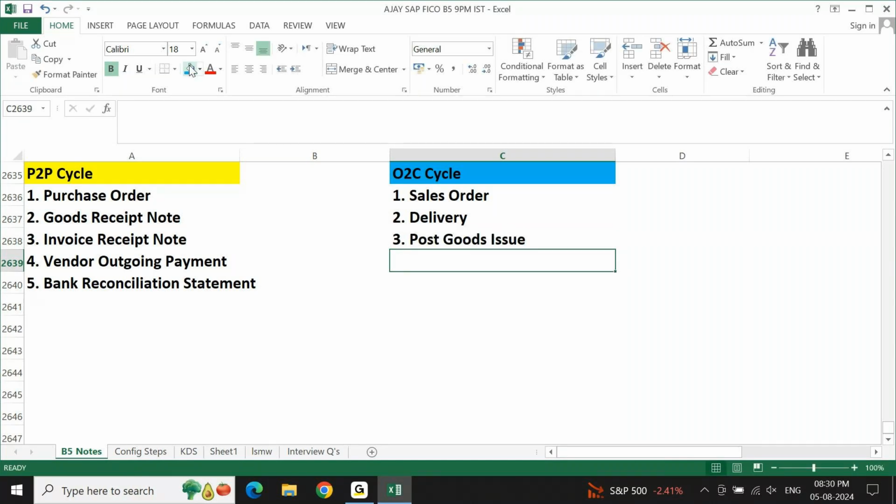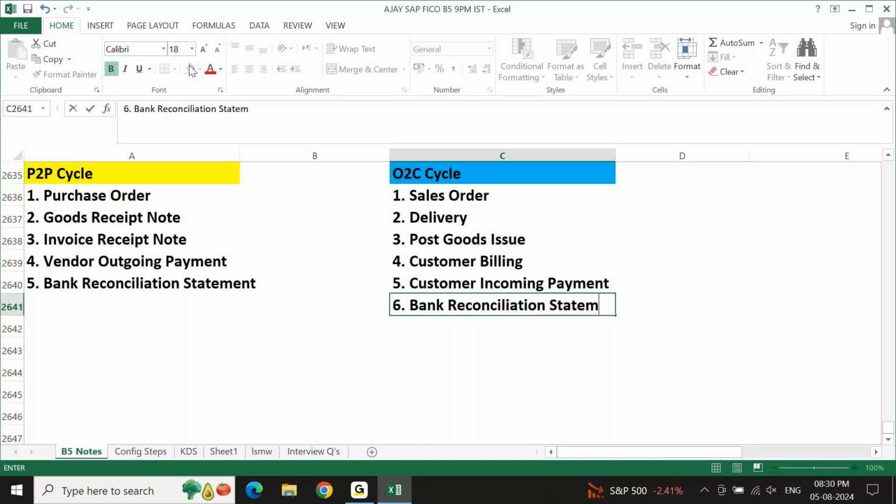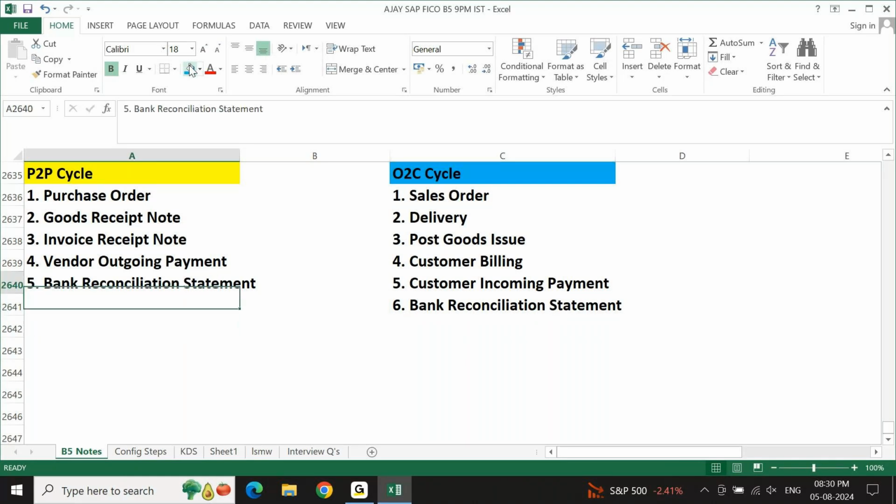Based on the post goods issue, customer billing, and based on that, customer incoming payment, and finally bank reconciliation statement. This is another point you will have here. In the P2P cycle, you have 5 points. In the OTC cycle, you have 6 points.